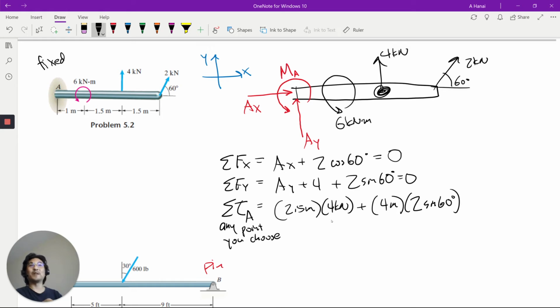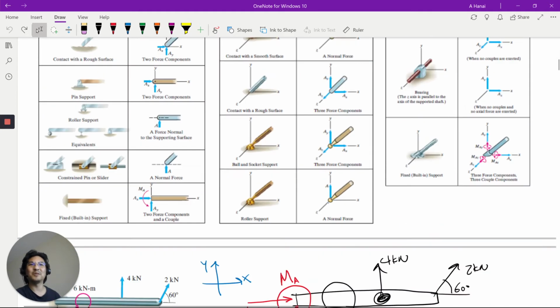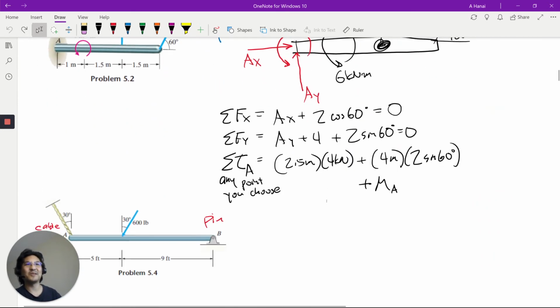And then let's not forget this couple, which is going counterclockwise, so positive, so plus. And this one is also going counterclockwise, so plus.